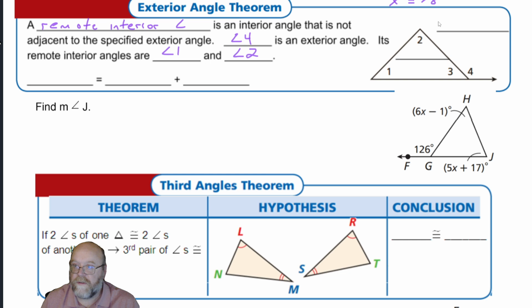I guess number 2 is remote interior. Not too sure what's supposed to go here. But 1 and 2 are the remote interior angles. 4 is the exterior angle. Okay. And it turns out angle 4 is equal to angle 1 plus angle 2. You should put M's here.